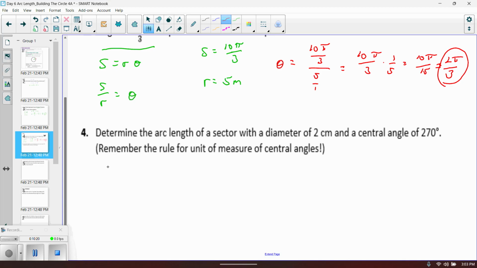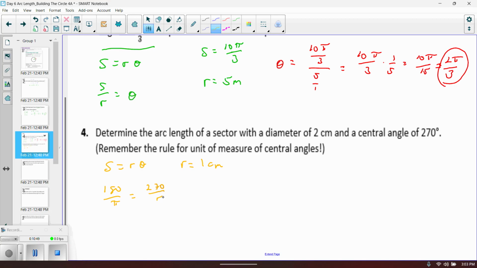So again, S equals r theta is what we start with. We know that our radius is going to be half the diameter, so that's 1 centimeter. And again, they gave us the angle in degrees, so we have to convert it. So let's do our conversion. Remember, we start off with 180 over pi, and that's going to equal 270, the degree, on top, over r, because we're going to solve for r.